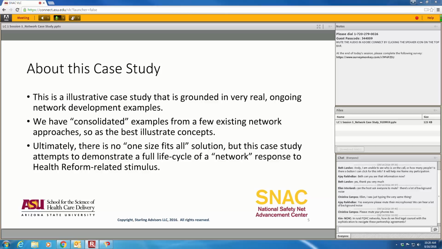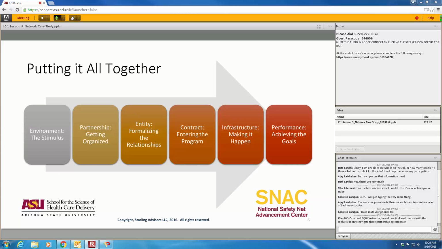However, this was the best way we could come up with to really get you thinking about how your environment is impacting the need or the desire to work more closely together. So don't hesitate as we go through this, if it doesn't look like the model that's evolving in your state or region, to let us know, and we can talk a little bit about how it might change the impact on what's going on. So we're going to look at this through the framework of 6 components.